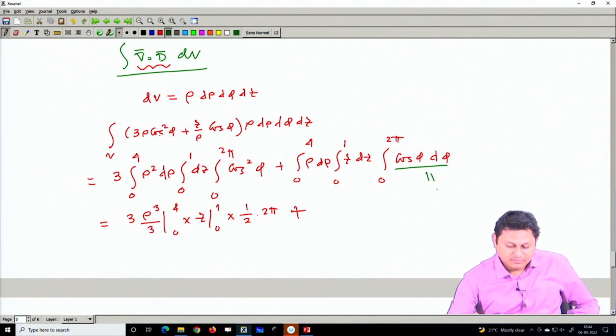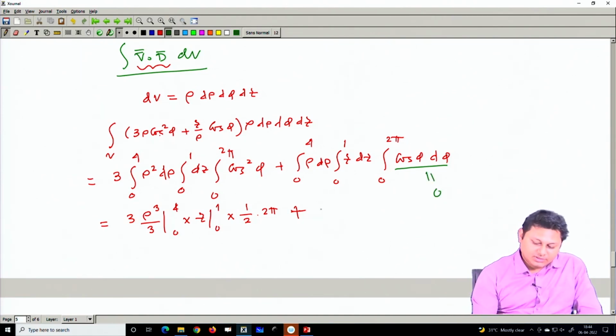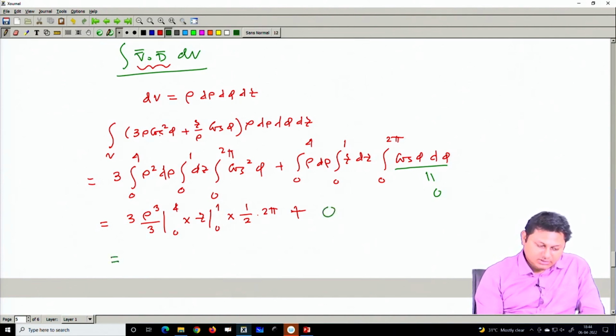So, it should give me 0. So, it is simply 0. So, what is this value if I calculate? This 3 will cancel out.